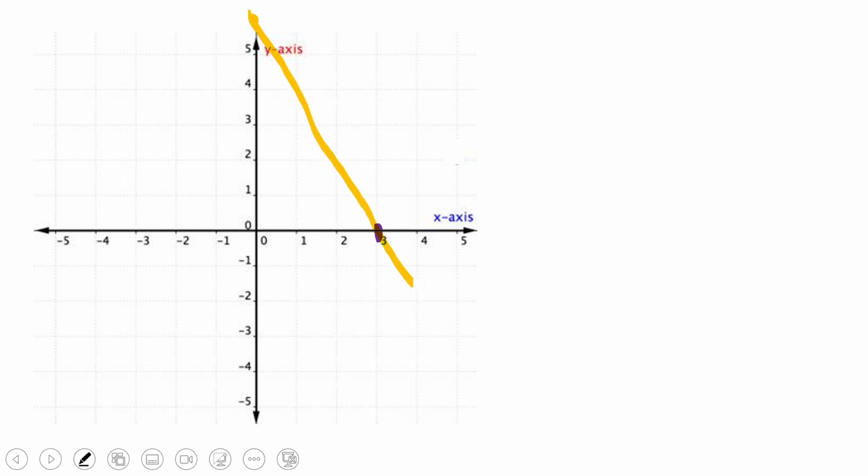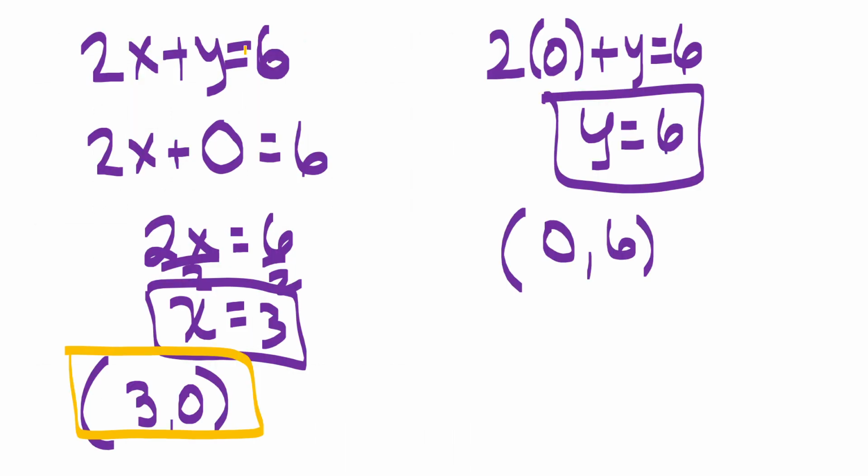And we'd see where these cross each axis. So you plug a 0 in for the opposite x or y, whatever you need, to find the x or y value that you need. 0 for y yields an x, a 0 for x yields a y. And if you're asked to graph, you can graph those.